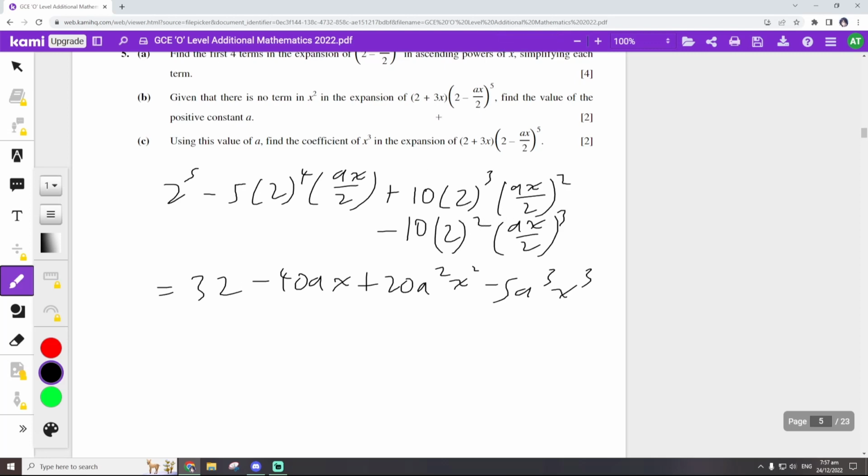So we compare coefficients. We consider 2 plus 3x, and we'll only consider the linear and quadratic term.